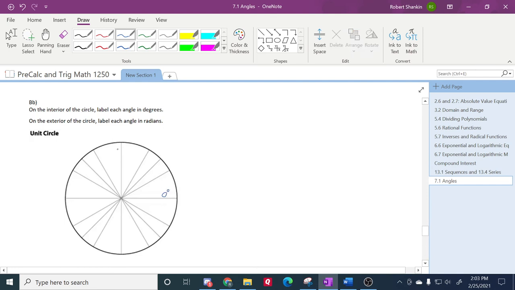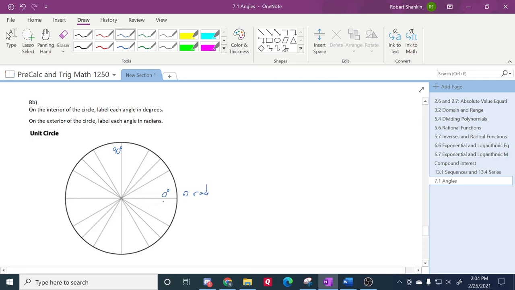And this is 90 degrees. And then on the exterior, label in radians. Now, 0 is the same as 0 radians. You don't have to put rad after it. I just did for the very first one.